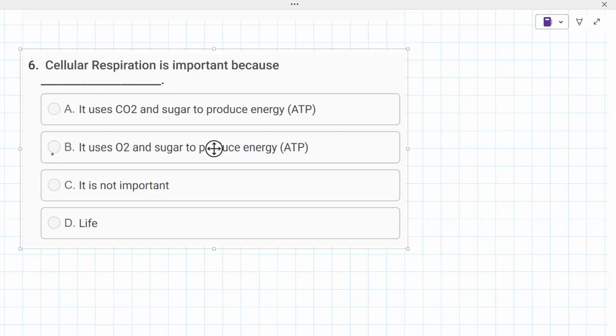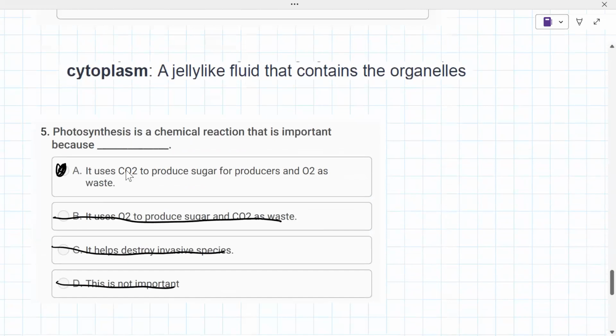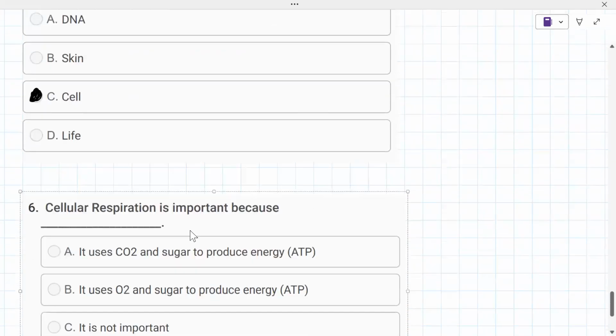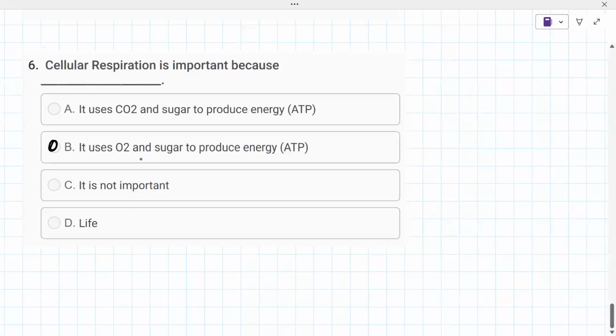Actually, it's A. This is the big one, right? It's this question, the one before it, right? We talk about CO2 to produce sugar and it produces O2 as waste. That's the big one here. It is B. That's why you've got to have those two, photosynthesis and then the respiration down. It's easy to kind of refer to the wrong one.